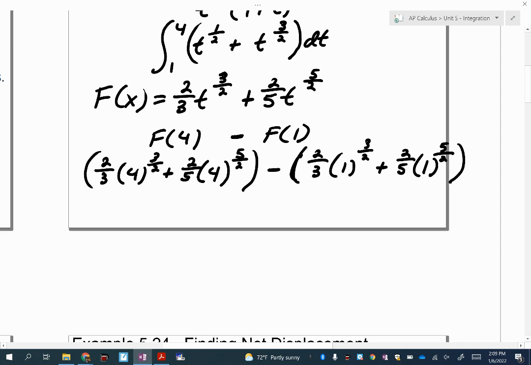Whatever I get there is going to be the value for my definite integral. I'm going to move to Desmos so I can type this all in.